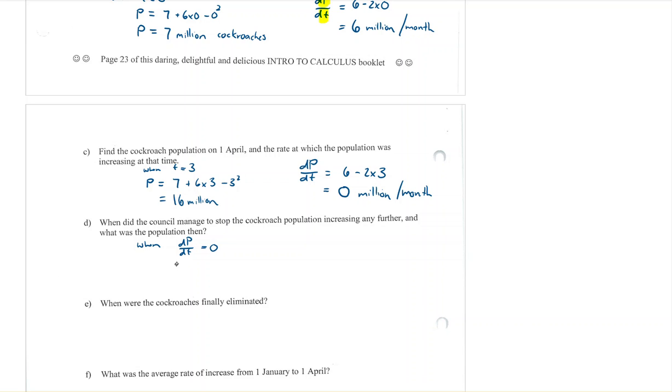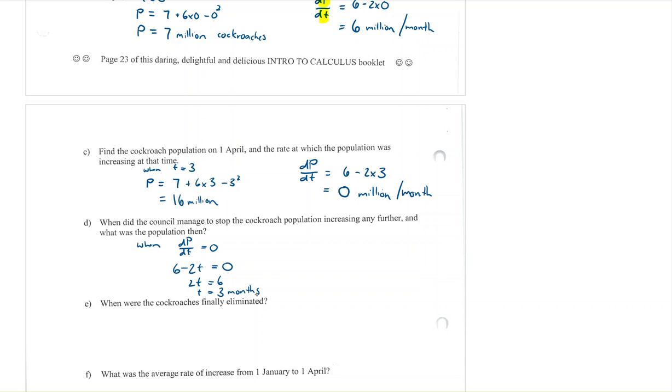It was dp over dt is 6 minus 2t. That was the equation. And that's equal to 0. Solving that, I get 2t equals 6. And there's my t equals 3 again. And it would be 3 months to include the units.